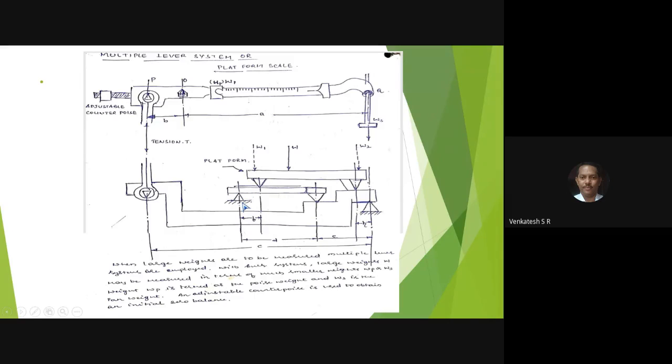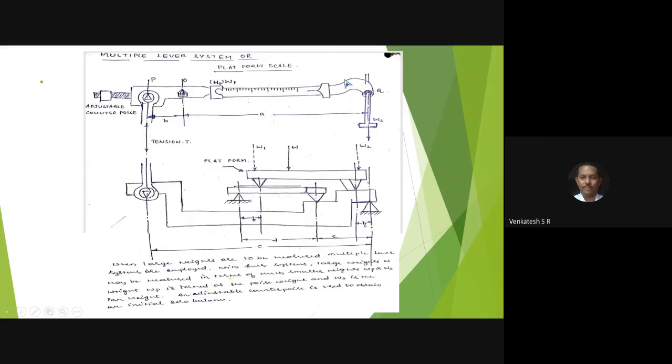One end is fixed, the other one is movable, that is, it moves in upward and downward direction and exerts the pressure on the main lever. All of you observe here, this point of the trapezoidal exerts the pressure on the main platform. This is connected to the tension rod T, which pulls down the beam in the downward direction.